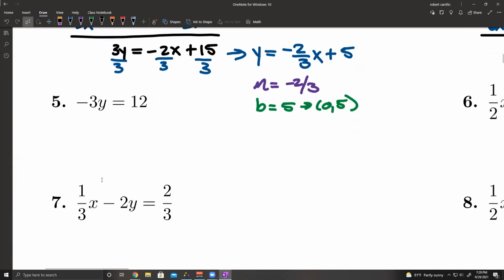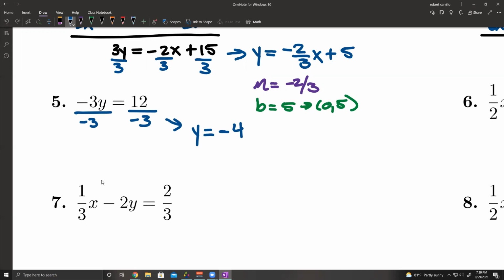Next, number 5. You have negative 3y equal to 12. We don't see any x's here, so we are just going to solve for y. If I want to solve for y, I'm going to divide by what number? Negative 3. And we get y equals negative 4.